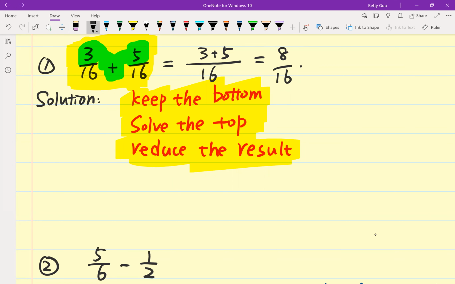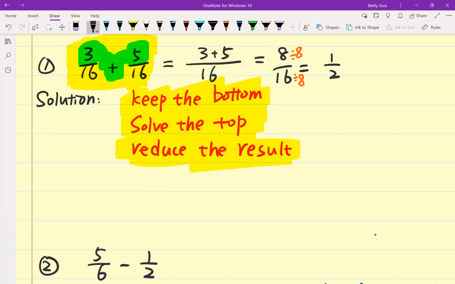And then you have to reduce it. Obviously, 8/16 is not simplified yet. So 8 and 16, what's the GCF? 8. Special case number 1, right? So you see how convenient it is. Divided by 8, divided by 8, then we will have 1/2.